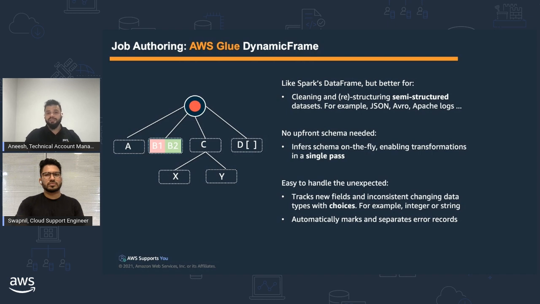So what DynamicFrames do is they store the structure of each record with the record itself. So every record can be different from the previous one. There's no need to have a schema upfront, no need to pass over the data to compute the schema. You can just start running operations over it, and that's why it's very useful for ETL.